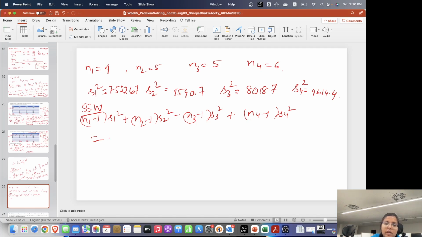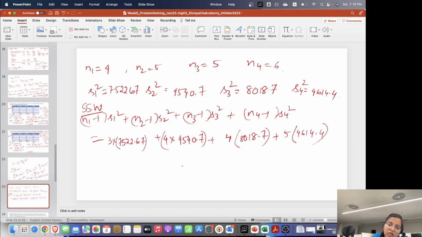So this will be 3 into 7522.67 plus 4 into 4540.7 plus 4 into 8018.7 plus 5 into 4614.4. Anybody got the result?